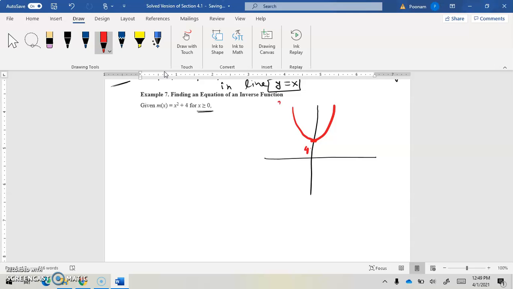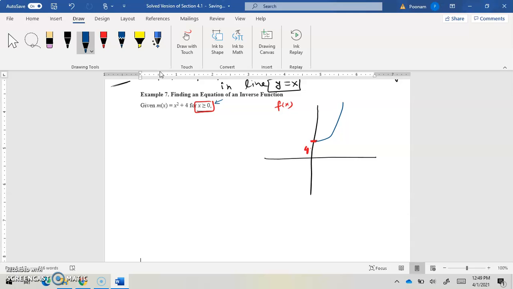Now that function is not one to one, okay? But here is an important condition that x is positive. That means we are only talking about the right side of the graph. So now this function is one to one, and we can find the inverse of this function because of this condition.